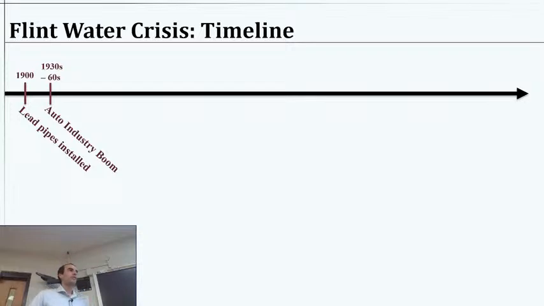The next important piece to note is that back in the 30s, 40s, and 50s, we had a very large auto industry boom. A lot of the northern Midwest areas had a lot of steel manufacturing, a lot of industry.